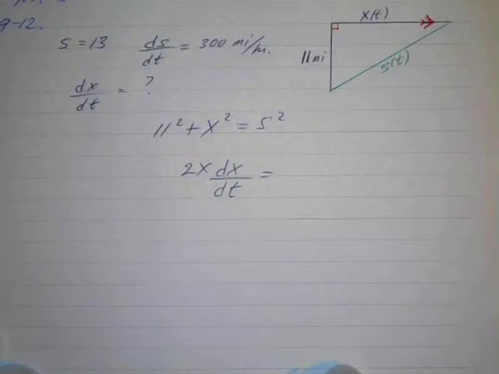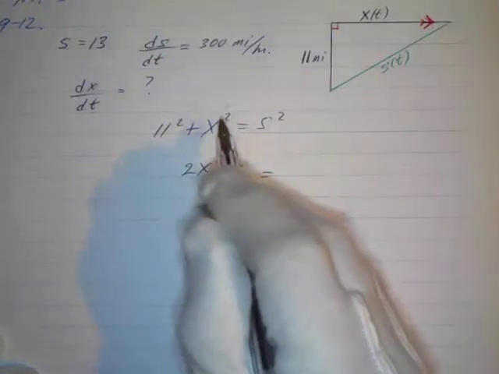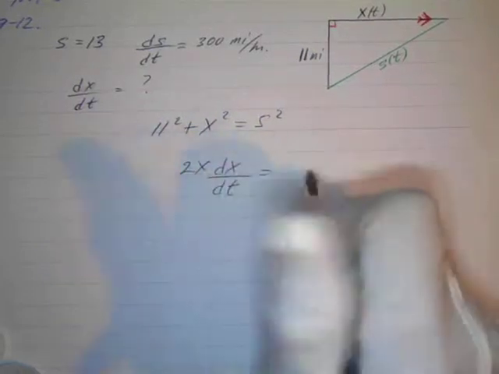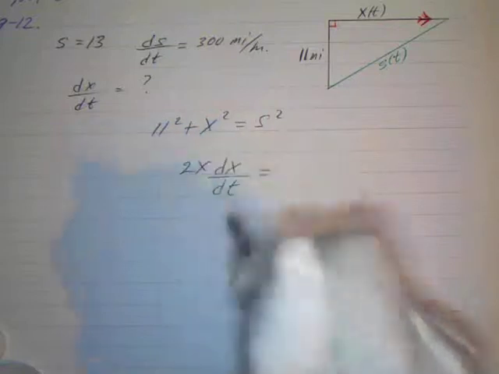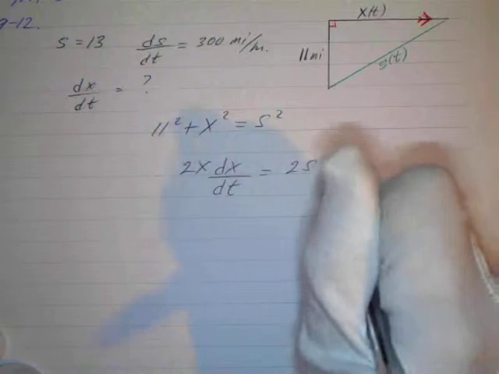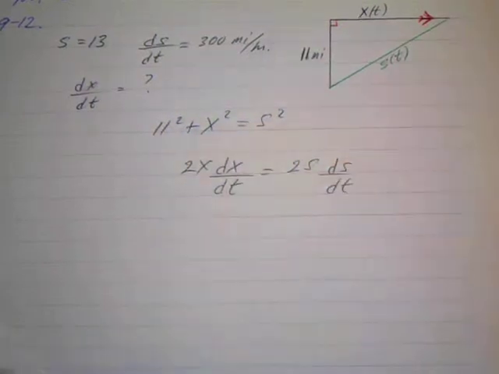If it was dy dx, it would be 2x dx dx, or just 2x. But it's with respect to t, implicit. So we have to use basically the power rule and the chain rule. And this is going to be 2s, again the power rule and the chain rule, ds dt.